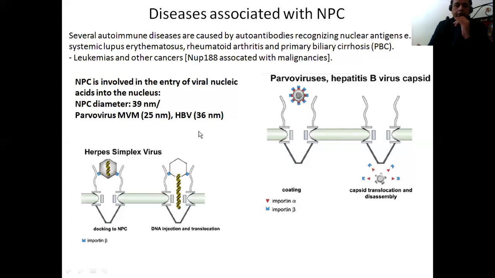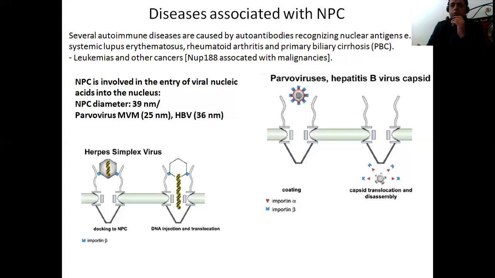Similarly, in the case of certain other viruses, the capsid would be disintegrated right here at the nuclear pore complex, and then the nuclear material would get inside the cell. So that's why some of the viruses can have access to the nucleus, while others cannot have access to the nucleus.